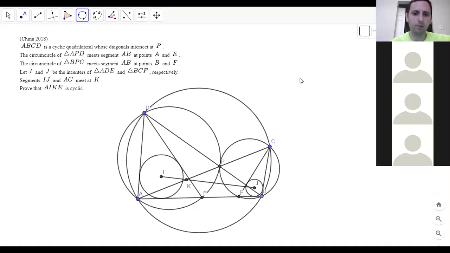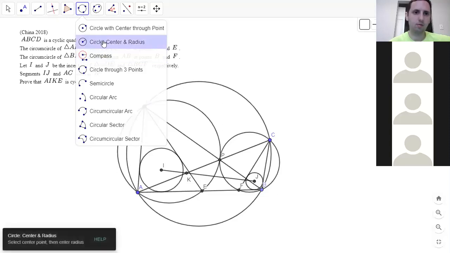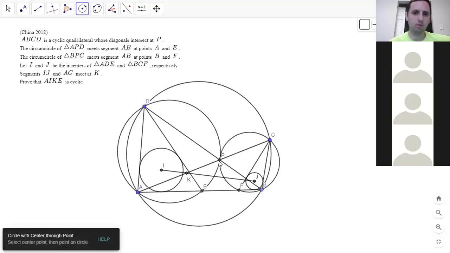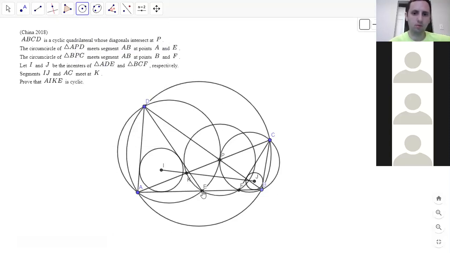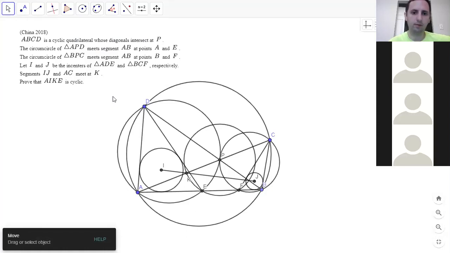I'm guessing you got that from an angle chase. It's an angle chase. And is that really true? PE equals PF? I think that's an obvious angle chase. Yeah, that's obvious.